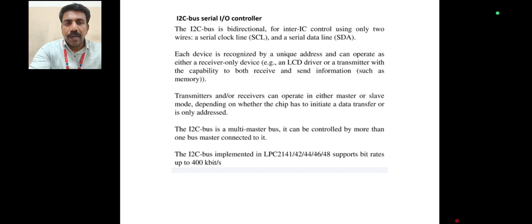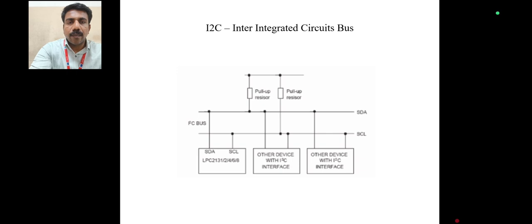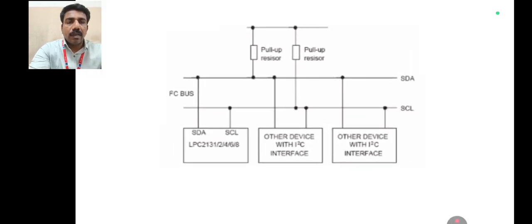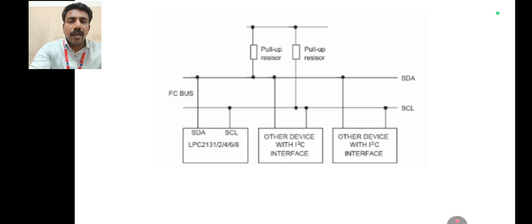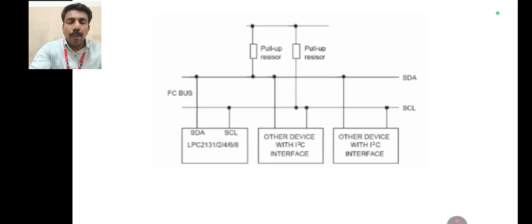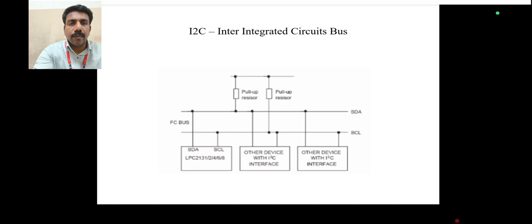It supports bit rates up to 400 kilobits per second. The I2C bus has a pull-up resistor on both the SCL and SDA lines. The ARM LPC2148 is connected to the SCL and SDA lines with the other devices with I2C interfaces.